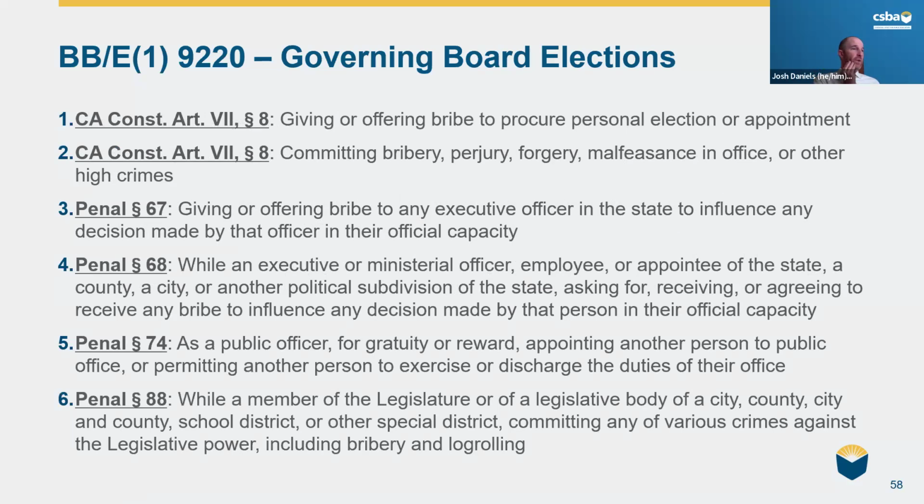So, for example, number 3: Penal Code Section 67. If you give or offer a bribe to any executive officer in the state to influence any decision made by that officer in their official capacity, that would be a crime, the conviction of which would make you ineligible to be a governing board member.